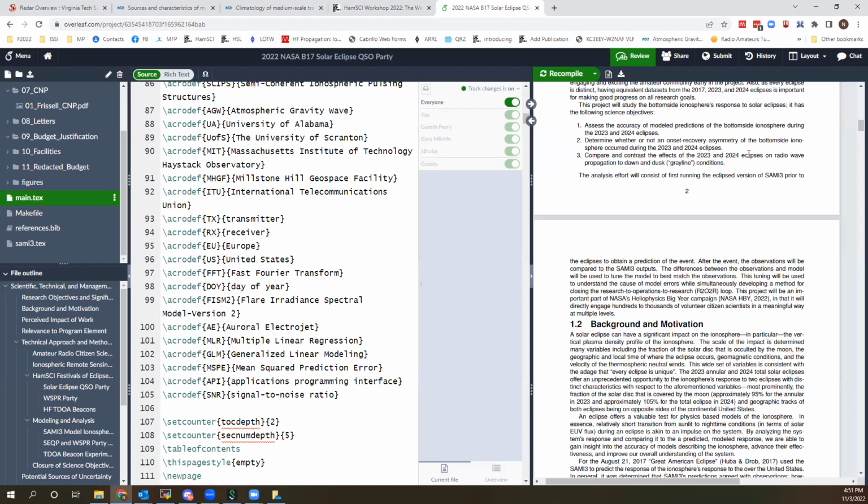If so, I think it would be useful to add it there to strengthen what otherwise might be rather generic, the phrase used to tune the model to best match the observations. Let me, I'll send Joe Huba an email asking him, because he is the one that wrote that model.